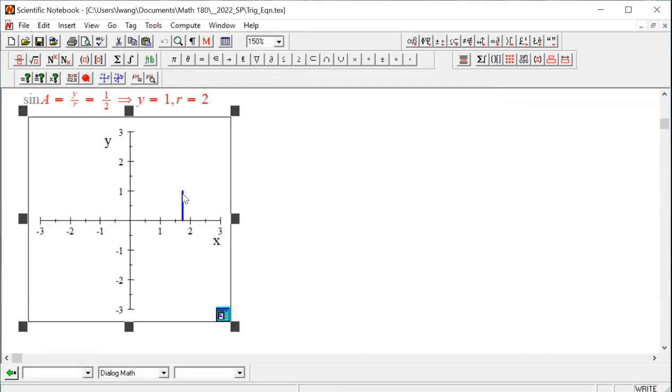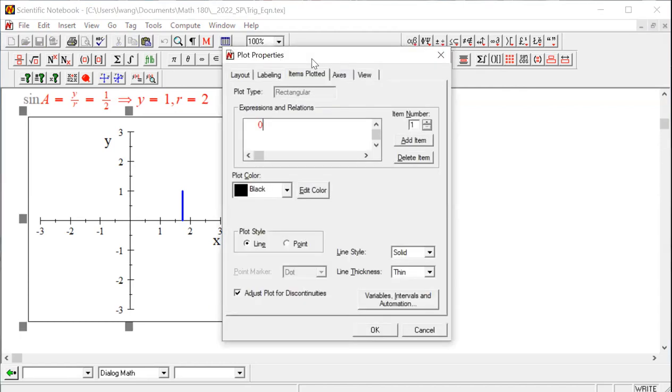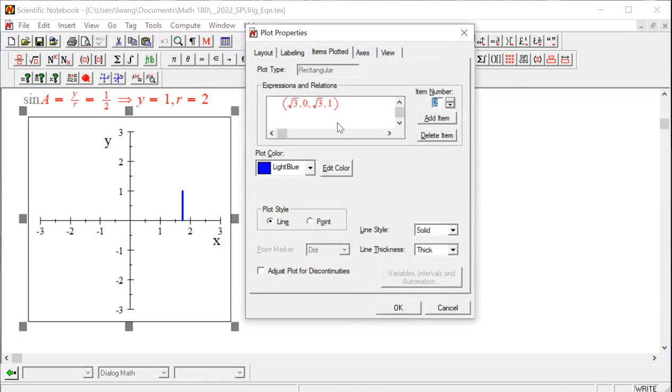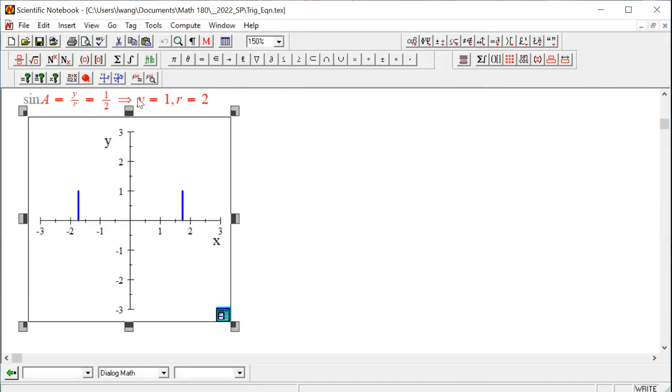So that's y equals 1, and r equals 2. Here I'm going to draw the other blue, y equals 1, r equals 2.